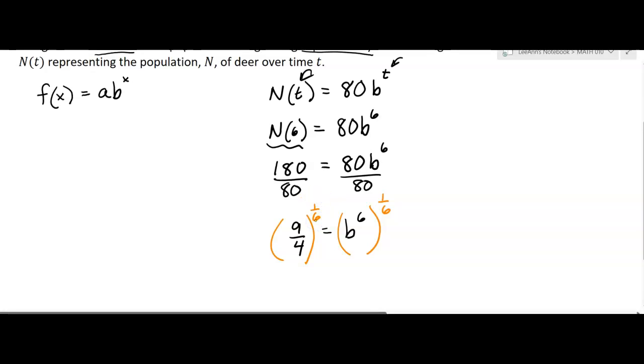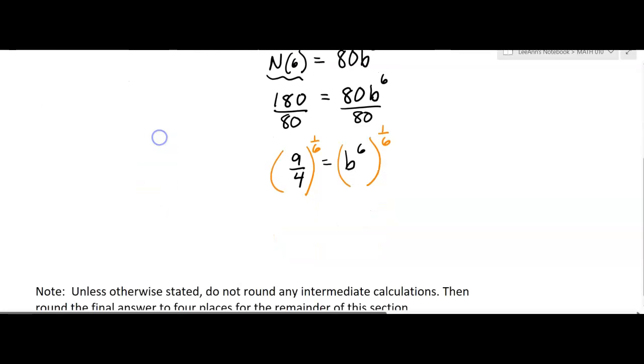But I'm going to do it as a fraction. That'll be easier to put on my calculator. So then this is going to give me, on the right-hand side, I'll just have b, and then I'll have to figure out what this equals.